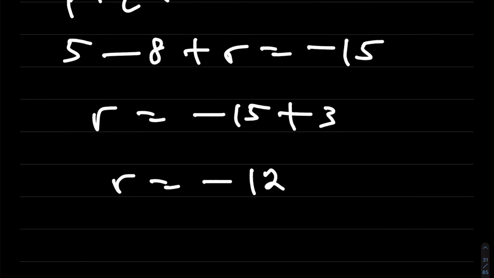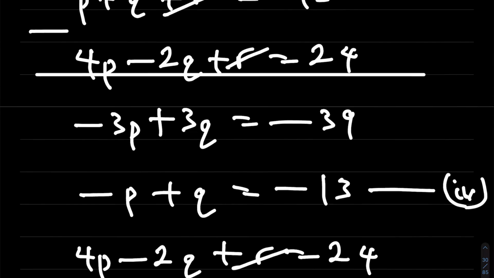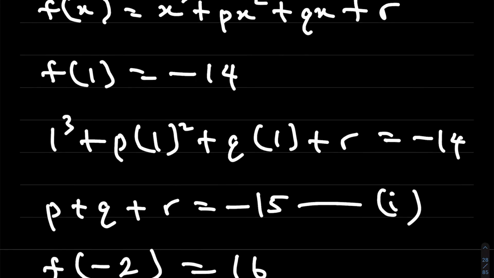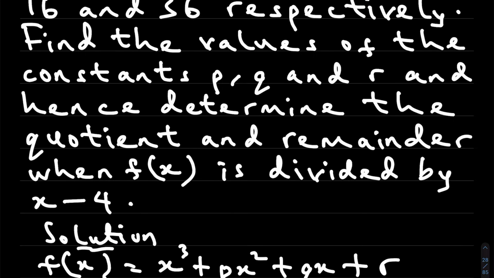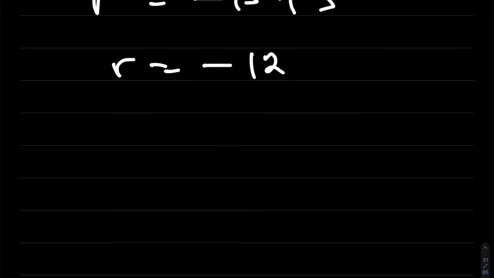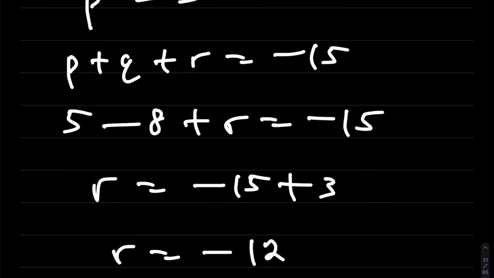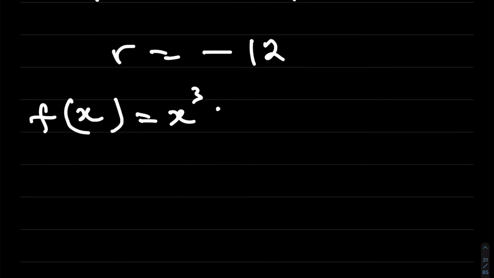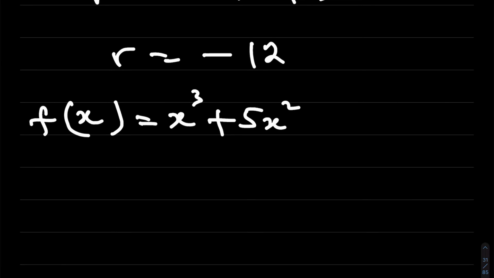The next question is: determine the quotient and remainder when f of x is divided by x minus 4. Before I do that, I need to write f of x in full. f of x equals x cubed plus px squared. P is 5, so plus 5x squared plus qx.